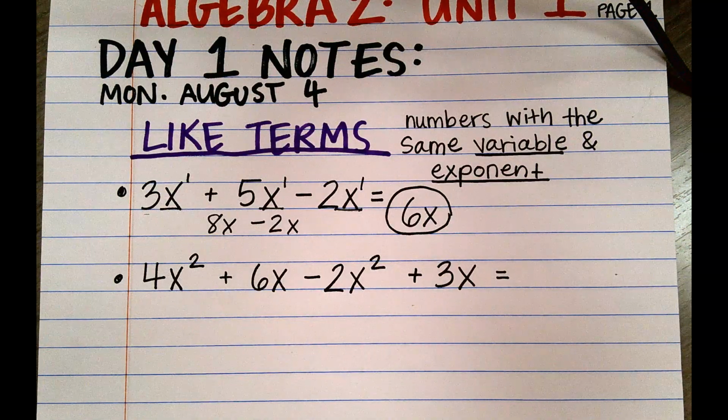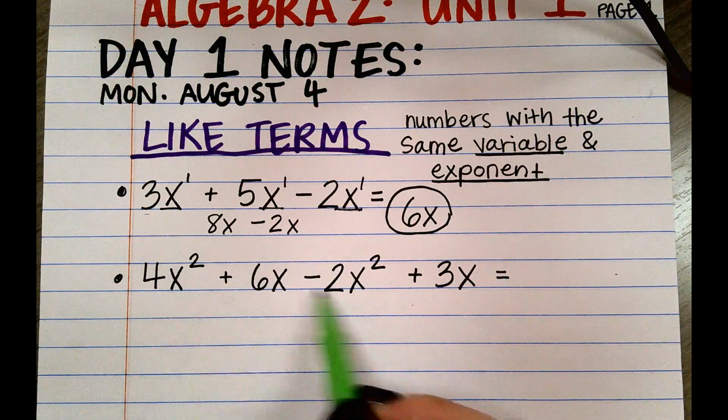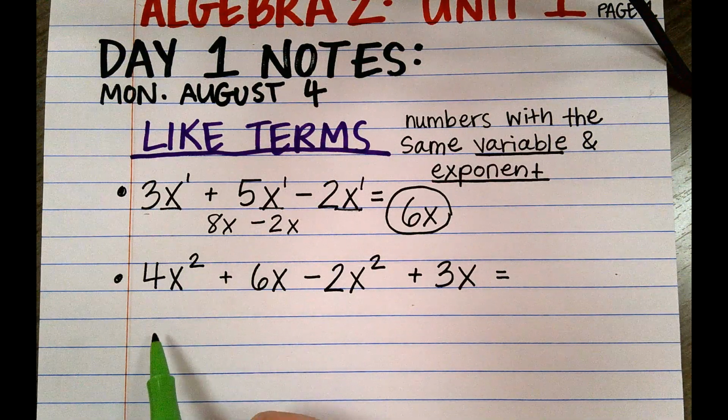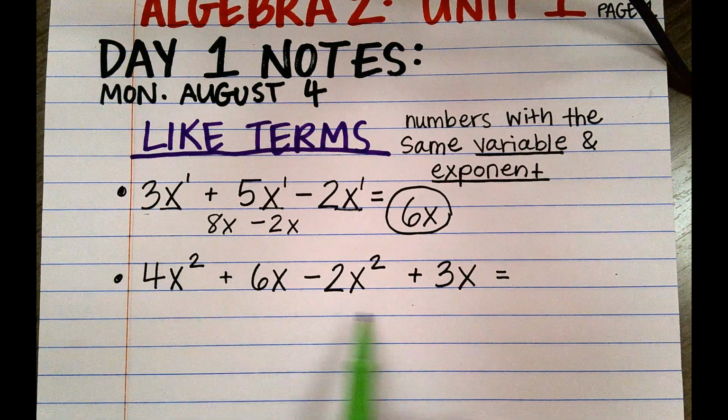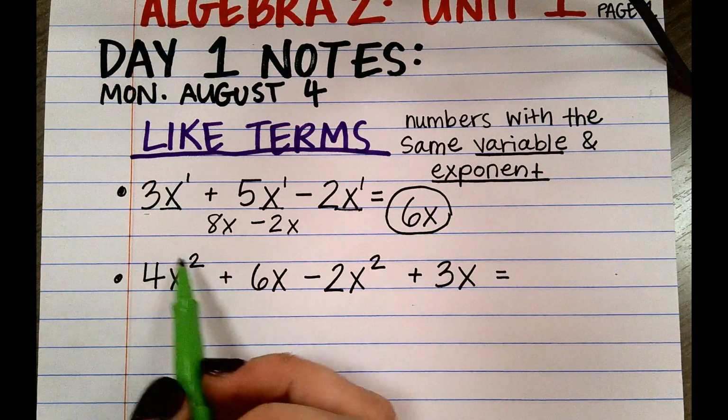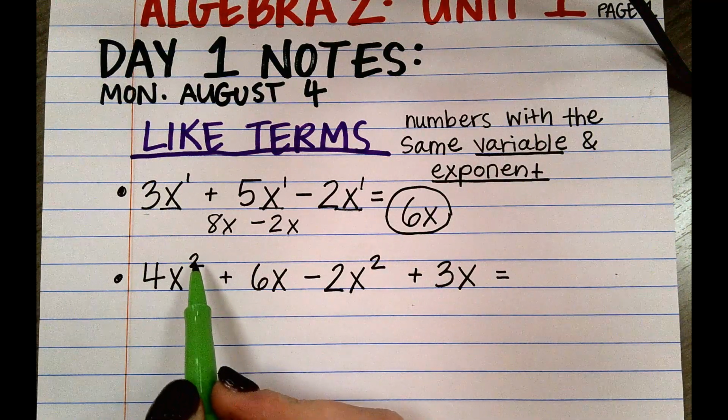No. Why not? Because you have 4x squared and minus 2x squared are like terms. Yes. Because of the variable. Yes, the variable. The variable is not the same on all of them. They do have the same, or not variable, sorry, exponent. All of them have x, so yeah, that's the same, but they don't all have the 2, the squared exponent.